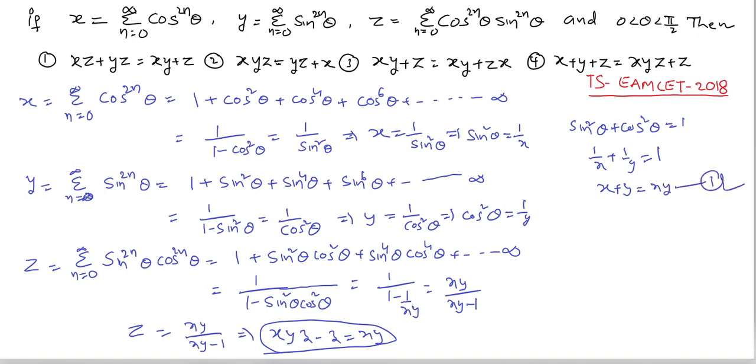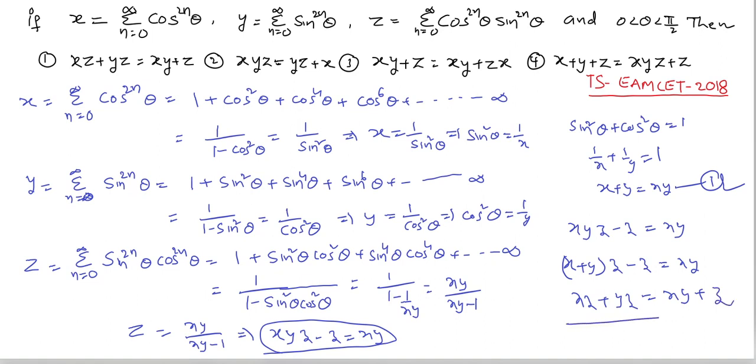Substituting this value in the equation, xyz minus z is equal to xy, substituting xy value, that is x plus y into z minus z is equal to xy. So xz plus yz is equal to xy plus z. Answer: xz plus yz is equal to xy plus z. Here the first option is the correct answer.